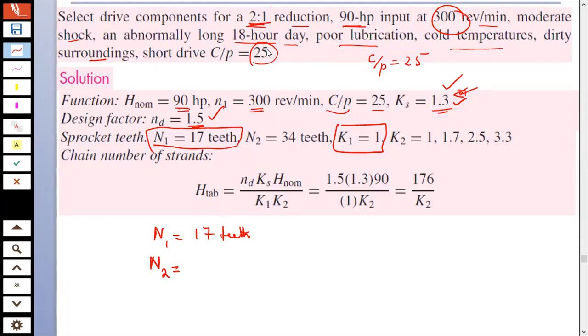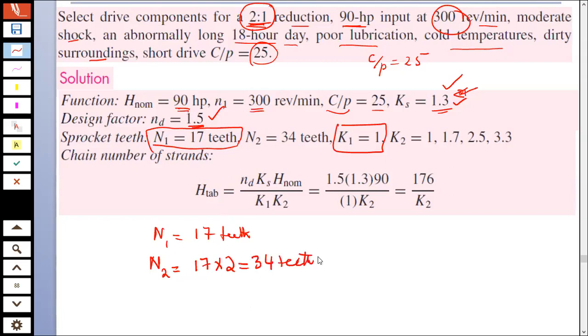Now, what will be the number of teeth on the second sprocket? Since you are taking a reduction of 2:1, n2 over n1 will be equal to 2, or rather n2 will be equal to 17 multiplied by 2, which is 34 teeth.